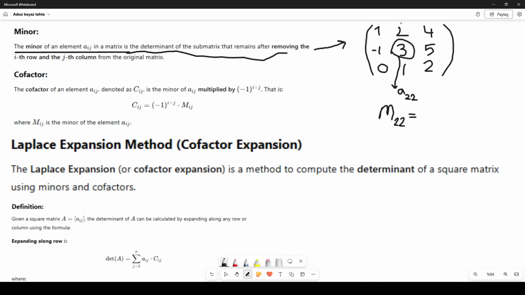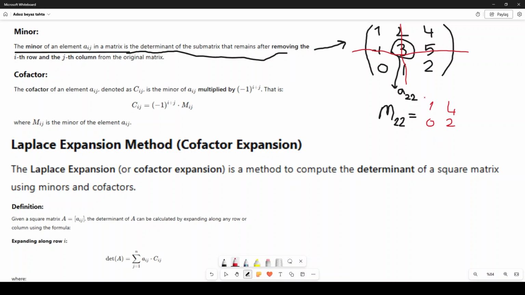From top to bottom and from left to right, I don't change any order of the elements in the original matrix, so I just write the entries left behind. This is 1, 4, 0, and 2. This is what is left behind.